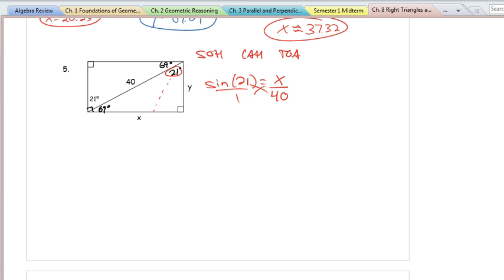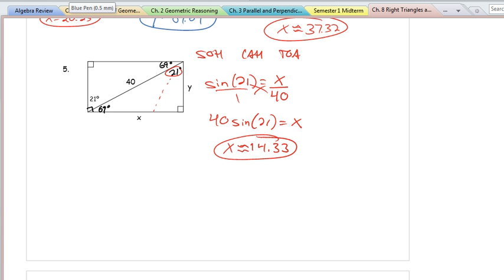Again, put it over 1, cross multiply: 40 sine of 21 equals x. Punch that in your calculator. I'm going to let you guys do it from here. I'm going to just do it on my one that I now have in degrees. So 40 sine of 21, x is about 14.33. So there's x.